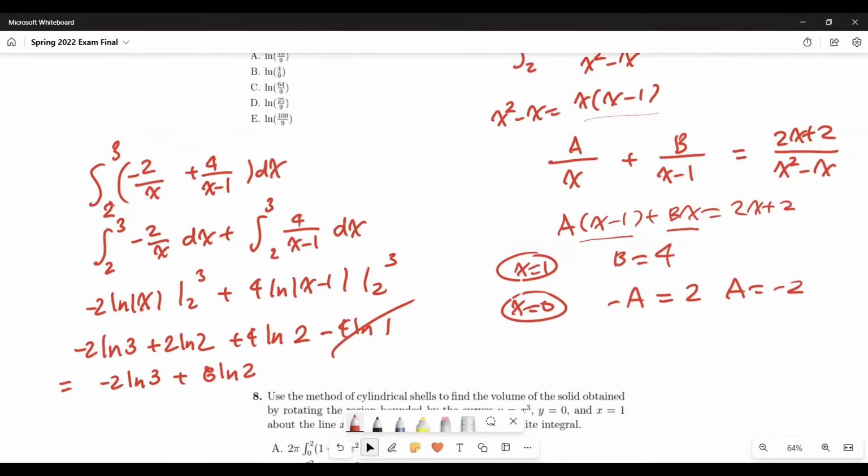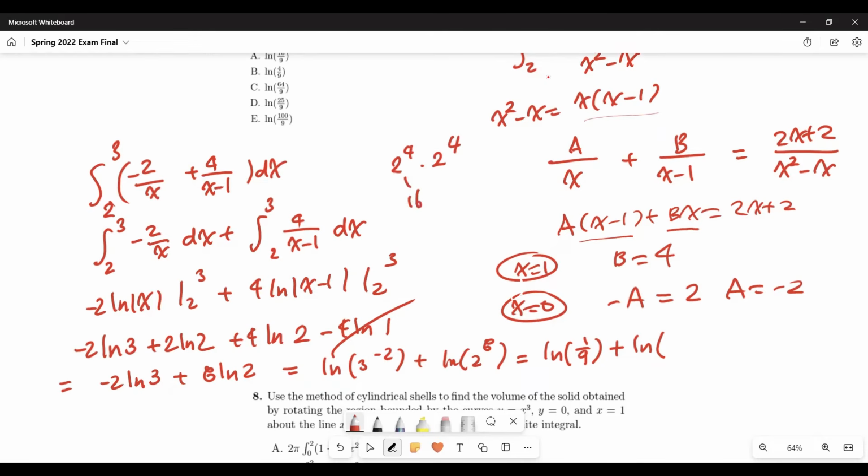Okay, so this is the same as ln of 3 to the negative 2 plus 8 ln of 2, which is ln of 1 over 9 plus ln of 2 to the 8. 2 to the 8 is 2 to the 4 times 2 to the 4, right? 2 to the 4 is, what is it, 16, and then another 16, so 16 times 16, 256.